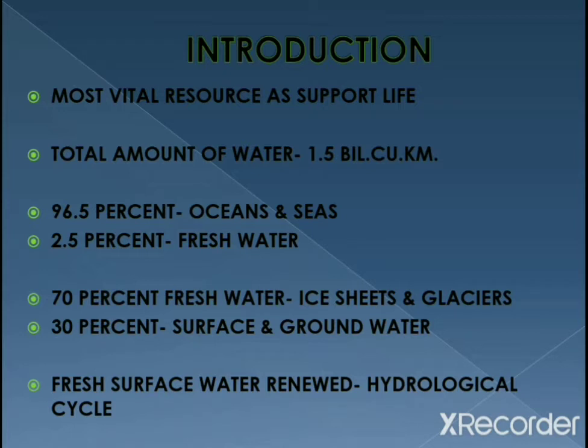The water resource, especially this freshwater resource, is divisible under two distinct categories: the surface water resource and the groundwater resource. Among this freshwater, 70% belongs to the ice sheets and glaciers, and only the remaining 30% is available as the surface and the groundwater. And this fresh surface water is being renewed through the process of the hydrological cycle.